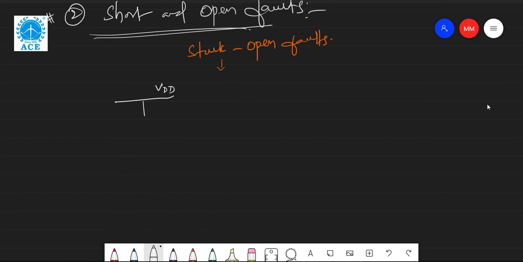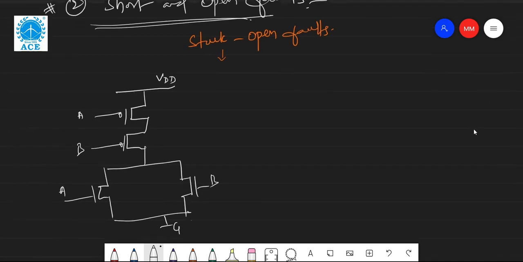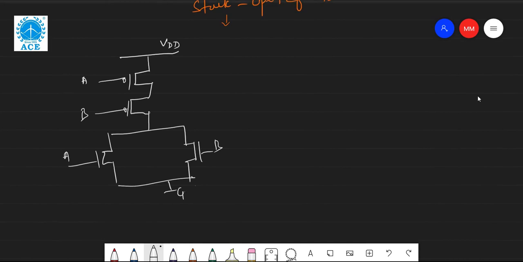Pull up will be PMOS transistors, this is A and B. Pull down will be NMOS transistors, and as we know, this is ground. This is VDD supply, right? So here is my output Y, for example, right?